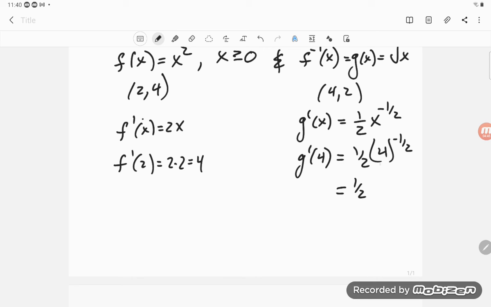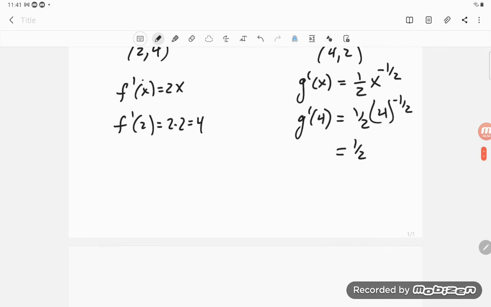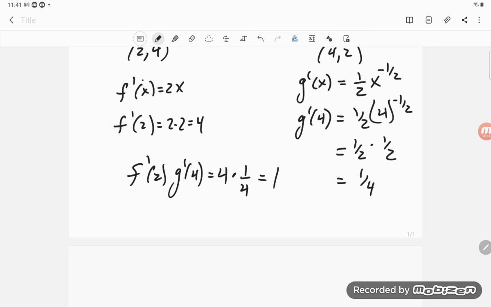Well, that's 1/2 times 1/2, and so that's 1/4. And notice that f prime of 2 times g prime of 4 is equal to 4 times 1/4, which is 1. And they have you do it also for 3 and 9 and 9 and 3, and they also work out as reciprocals. Okay, so that is example 6.